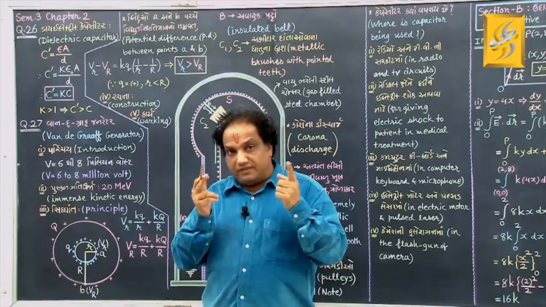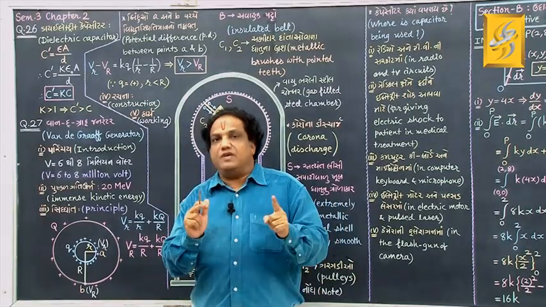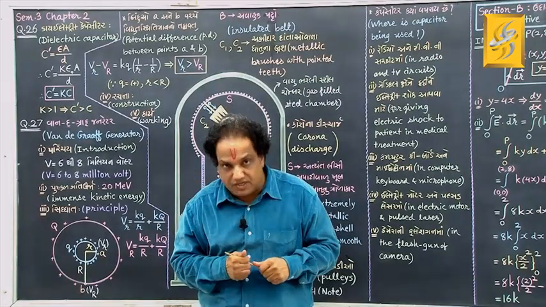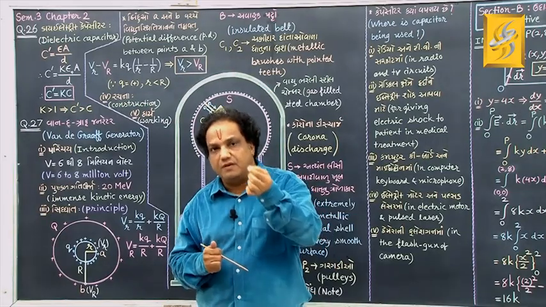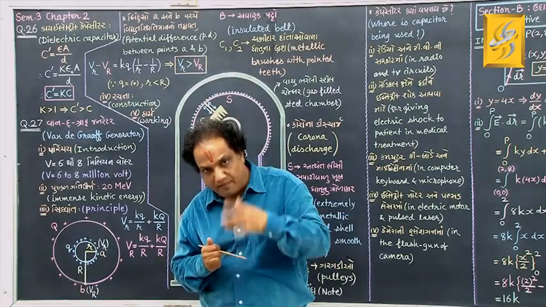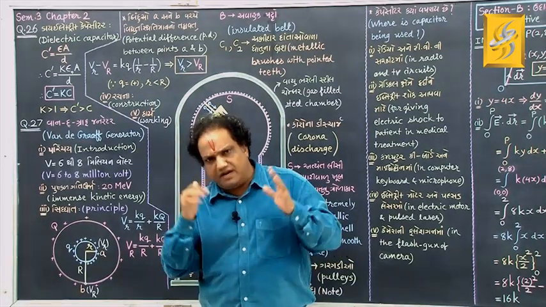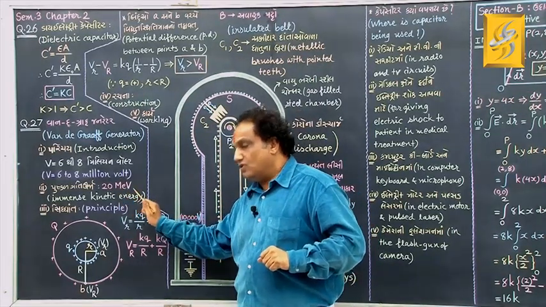After achieving this very high potential, we supply a very high amount of kinetic energy to tiny positively charged particles, say protons, deuterons, alpha particles, like that. They can be given very high kinetic energy, as high as 20 million electron volt.